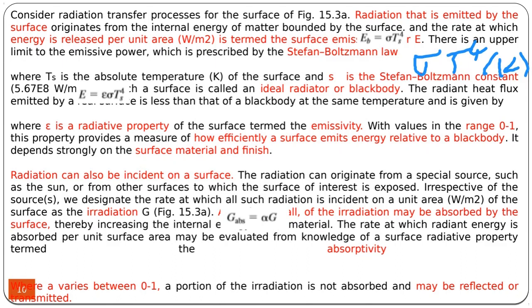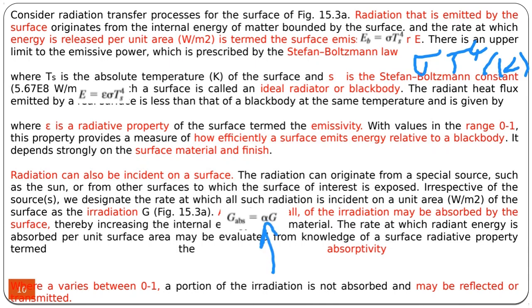So a surface will have an emissive power of sigma times T to the fourth power, and also a surface can absorb radiation, solar thermal radiation, by an amount of alpha times G. G is the irradiation amount.